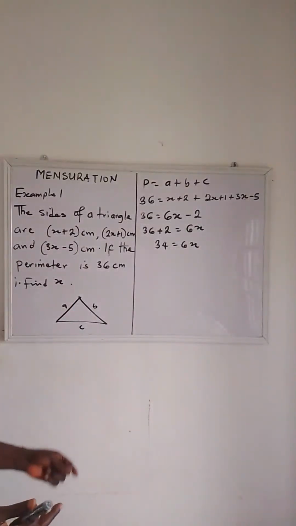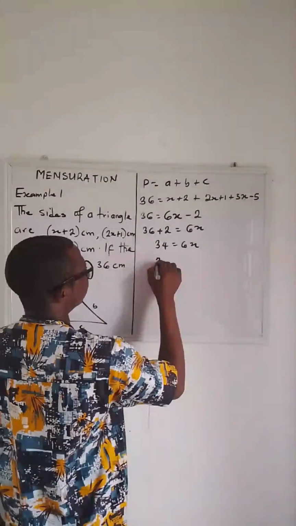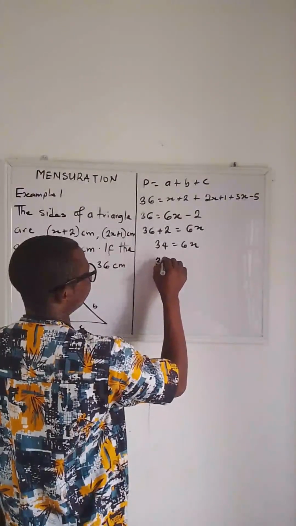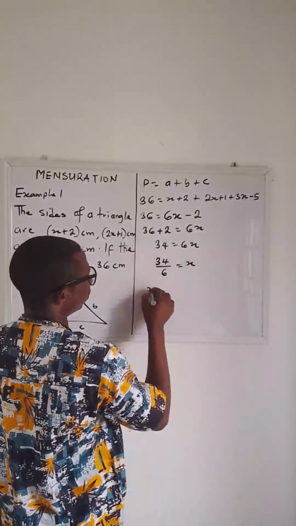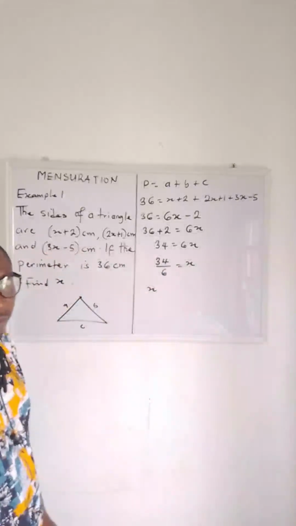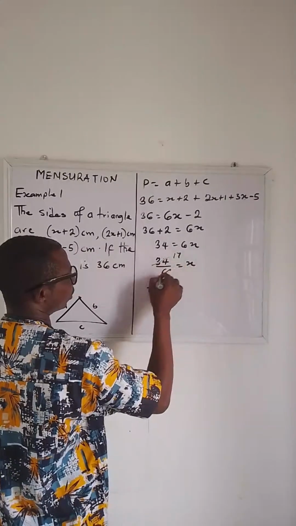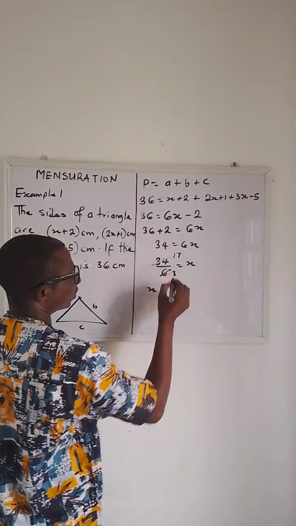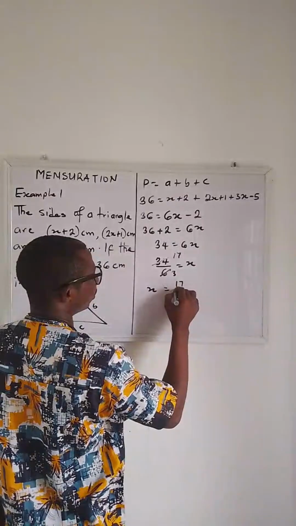From here, we can divide both sides by 6. So we have 34 over 6 equals x. Now let's try and simplify this. 2 goes into 34 seventeen times, and 2 goes into 6 three times. So that means x is 17 over 3.